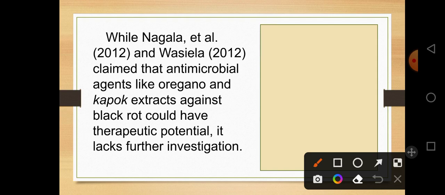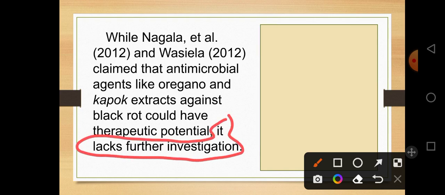And Wasiyala claimed that antimicrobial agents like oregano and kapok extracts against black rot could have therapeutic potential, it lacks further investigation. Take note, class, of this part: it lacks further investigation. What does this phrase claim?